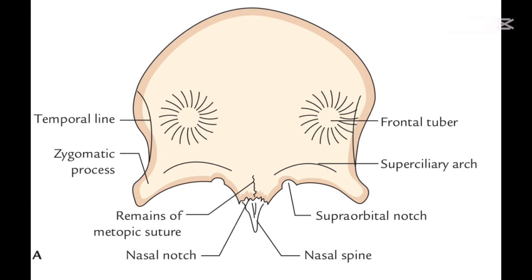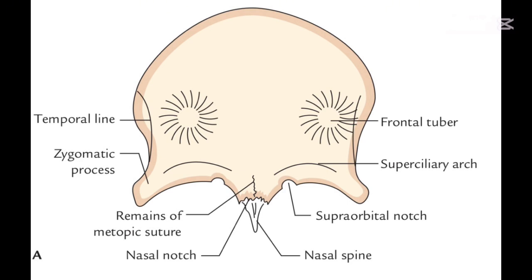In the center between the two superciliary arches of your two eyes, you have the glabella. So the glabella is located in between the superciliary arches, on top of the orbit. On top of the orbit, which holds your eyes, you see the eyebrow. The place where your eyebrow is, is your superciliary arch.